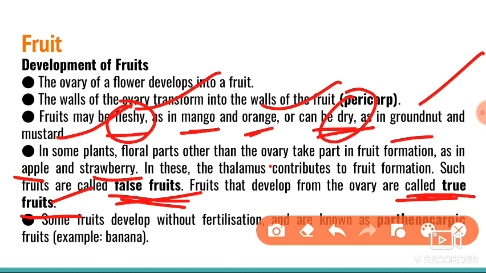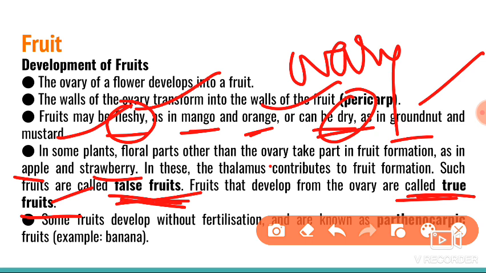Why are those called false fruits? Usually, the fruit is mainly formed from the ovary, that we know. But in the case of strawberry and apple, what happens?